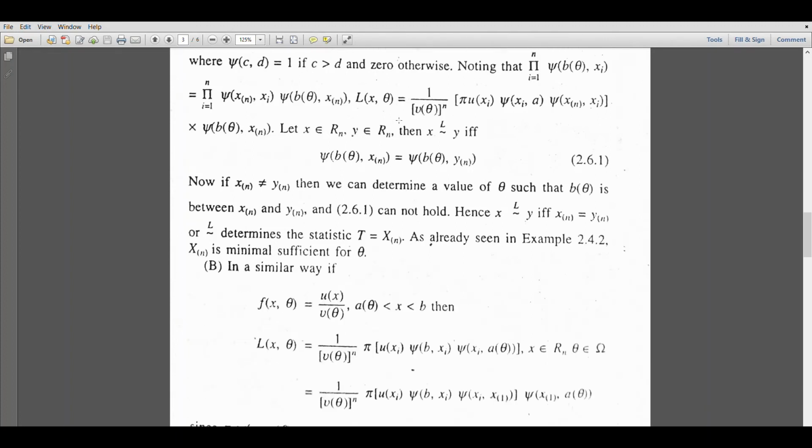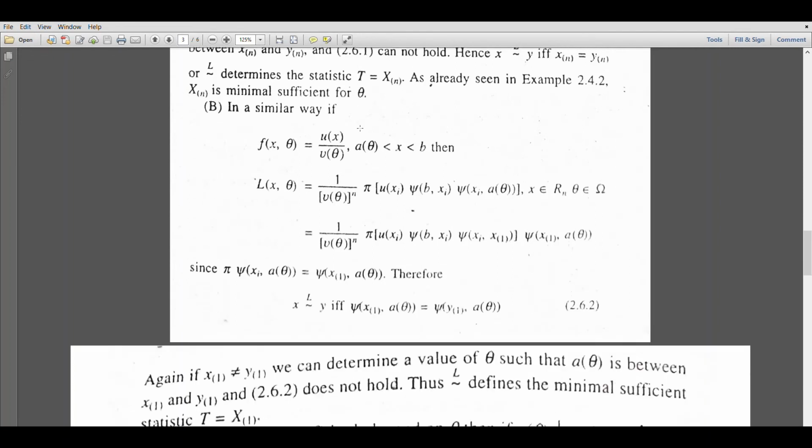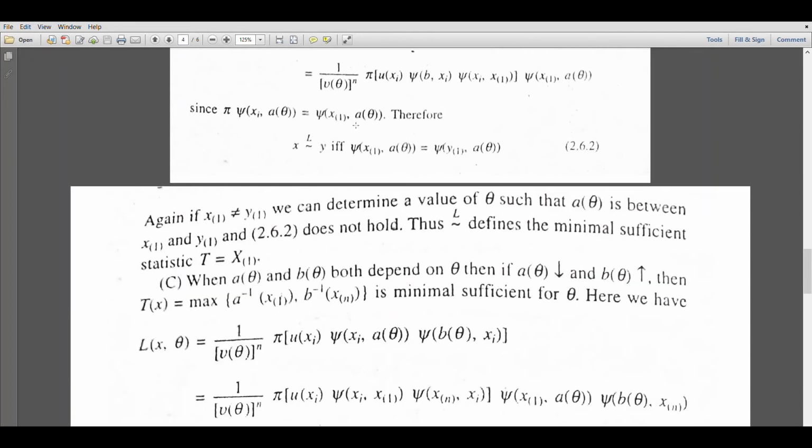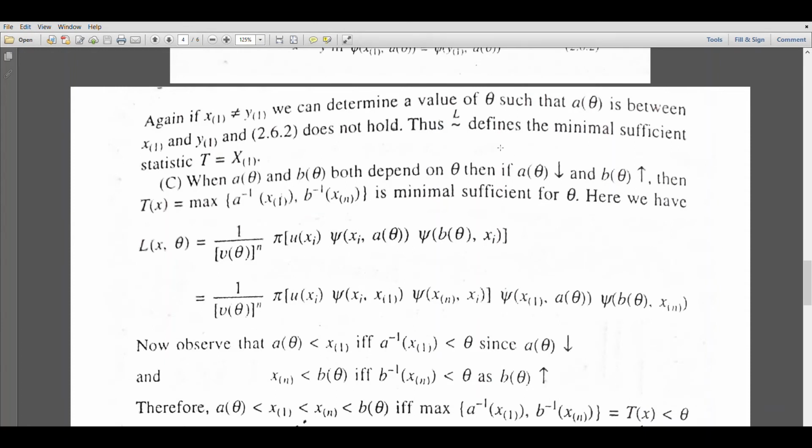The third condition is when both the lower limit and upper limit depend on theta, and again we can divide that into two: a of theta decreases and b of theta increases with theta, and the second one is a of theta increases and b of theta decreases with theta. When a of theta decreases and b of theta increases, the minimal sufficient statistic is given by T of x is equal to the maximum of a inverse of x1 comma b inverse of xn.